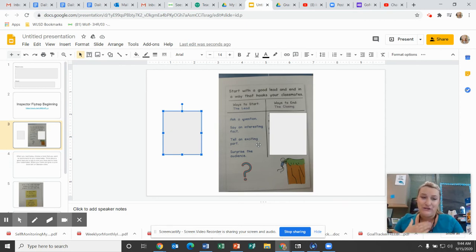Let's think about my book talk about this book. I said, can you imagine that a Venus flytrap plant could be a big-time detective? I asked a question in an interesting way, and your goal is to hook that reader. That's why there's that question mark here.